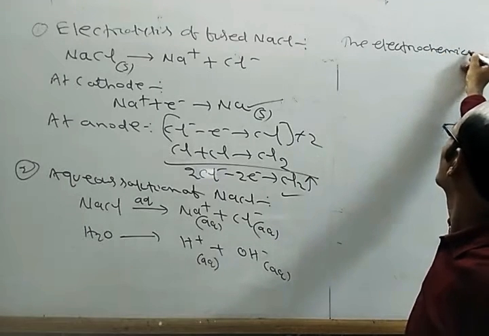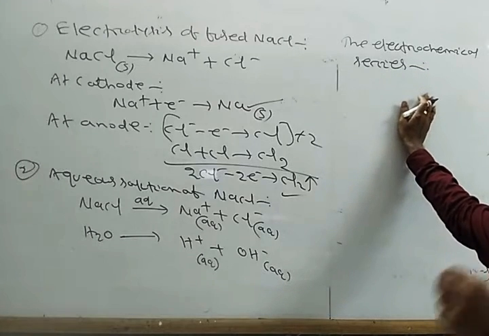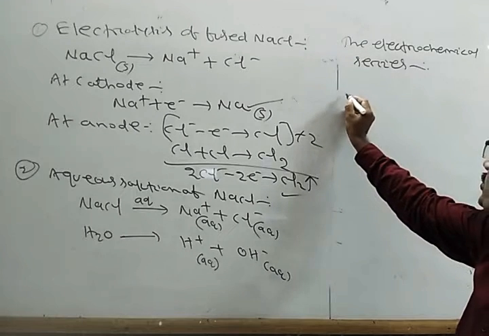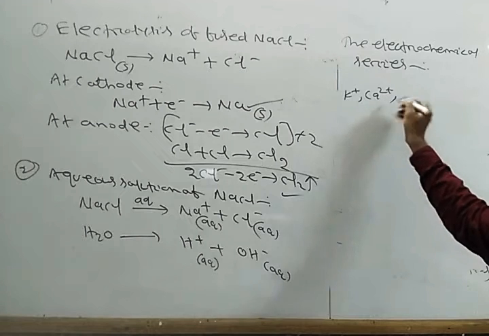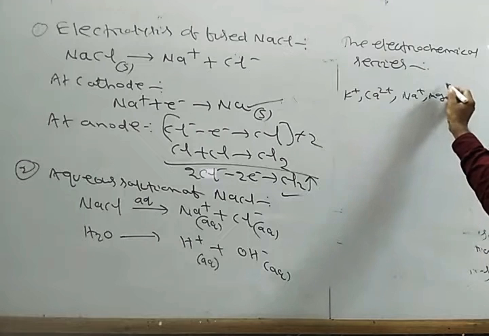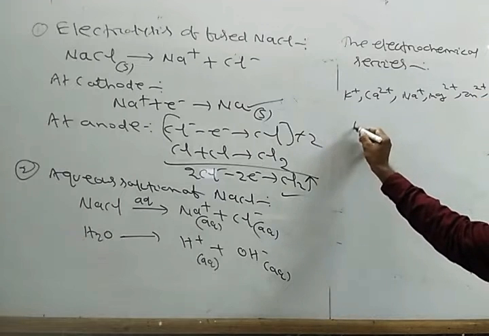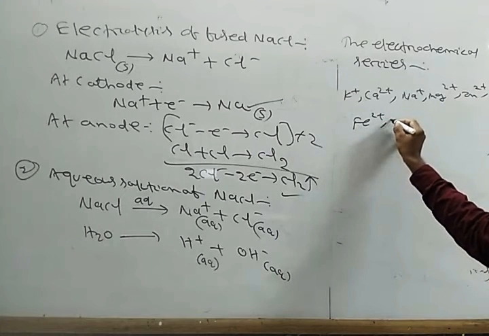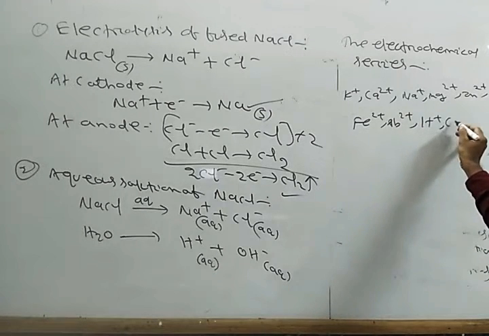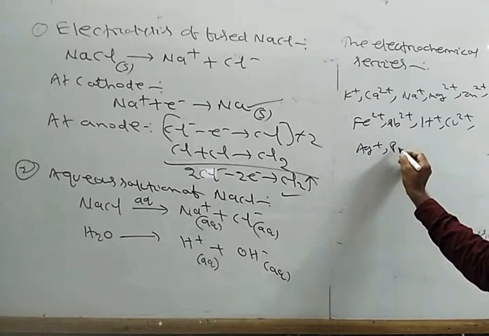Here only a small portion of the electrochemical series we will discuss: K plus, Ca2 plus, Na plus, Mg2 plus, Zn2 plus, Al3 plus, Pb2 plus, H plus, Co2 plus, Ag plus, Au3 plus.